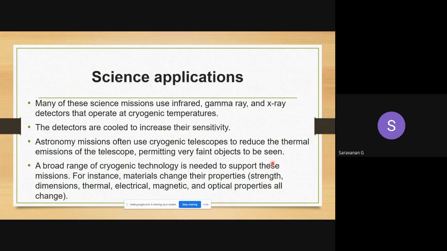So that we can see clearly using these telescopes, the optical properties have to be changed. Similarly, for other fields like magnetic, electrical, thermal, and dimensional strength, the properties of the materials have to be taken into account in this application of cryogenic technology. The purpose of the cryogenic system is to control thermal emission and heat generation in detection using gamma rays, X-rays, and other rays. That has to be controlled by maintaining extremely low temperatures. For that, we use cryogenic liquids, especially in space science missions.